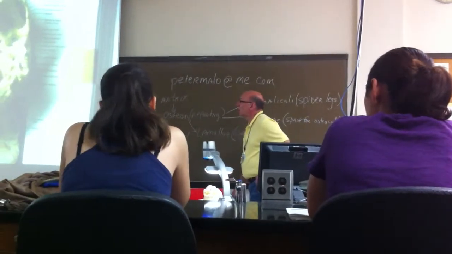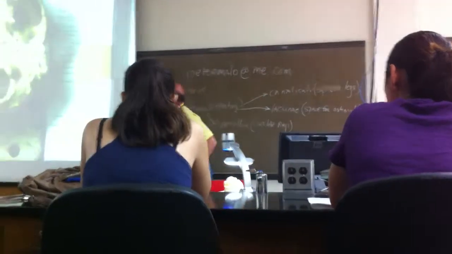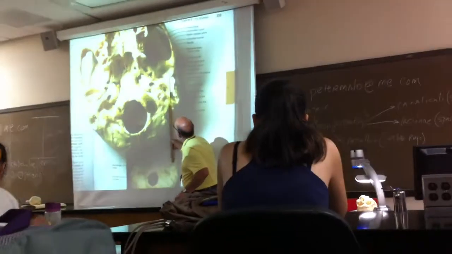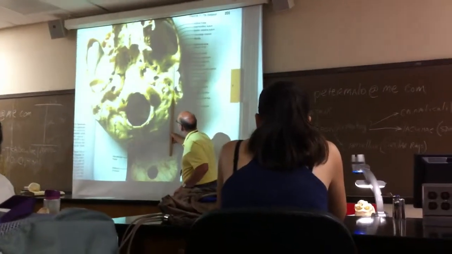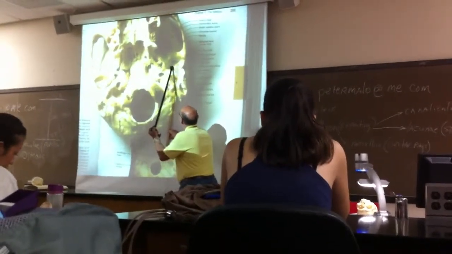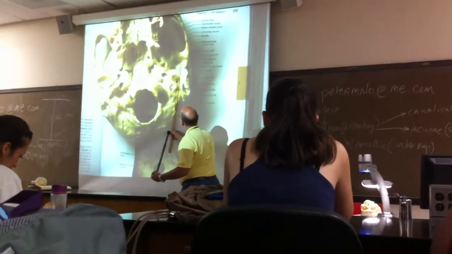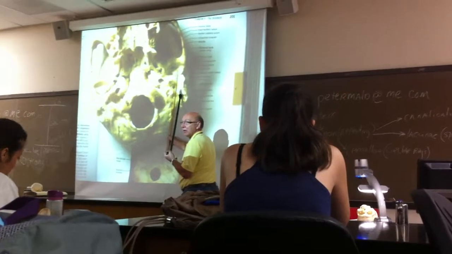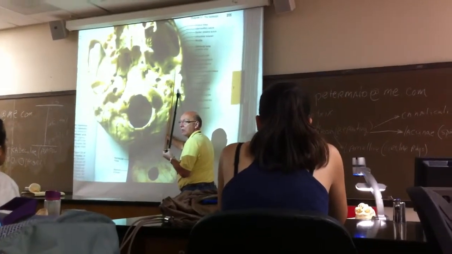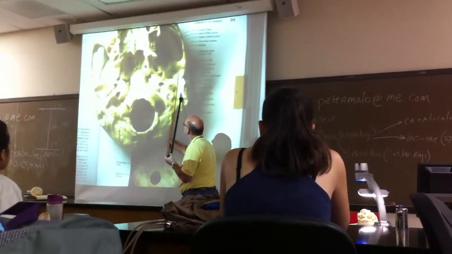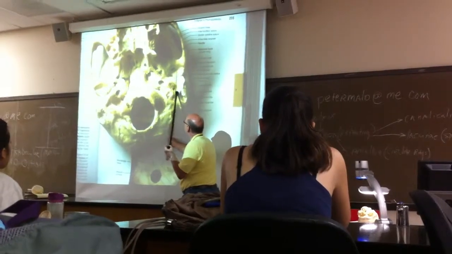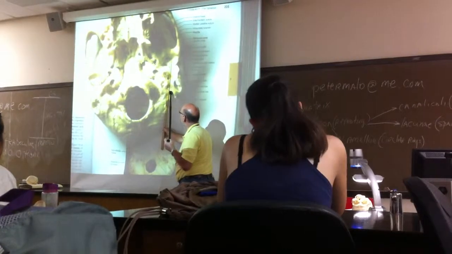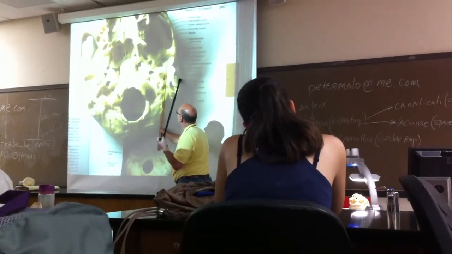So I had you draw that line from the mandibular fossa down from here to there, and it goes right past the mastoid process and right over that surrounding area at the base of the mountain.